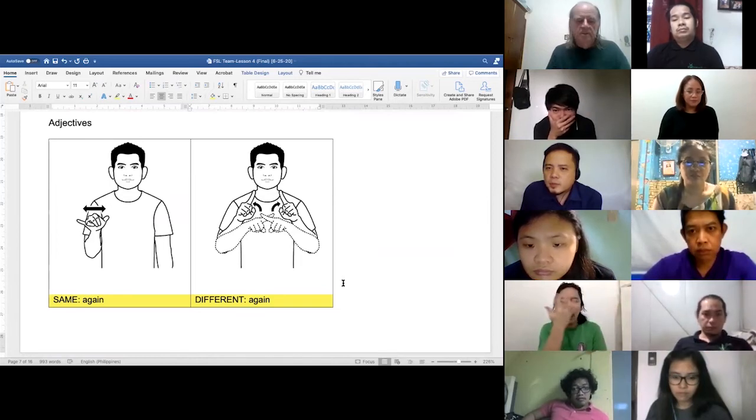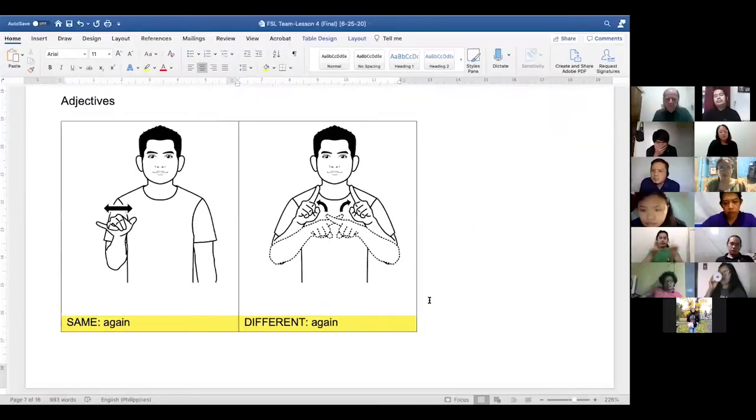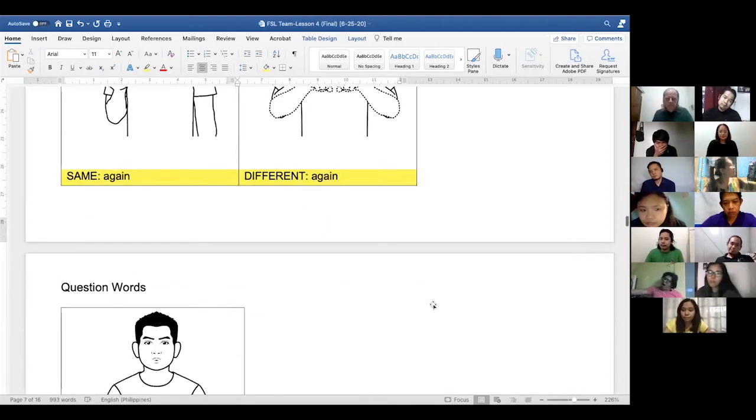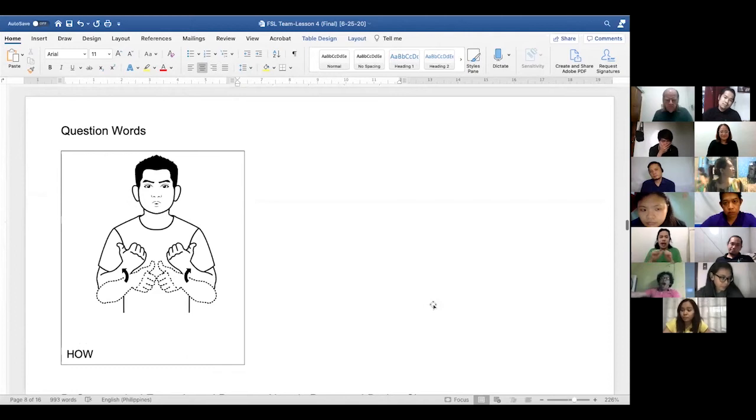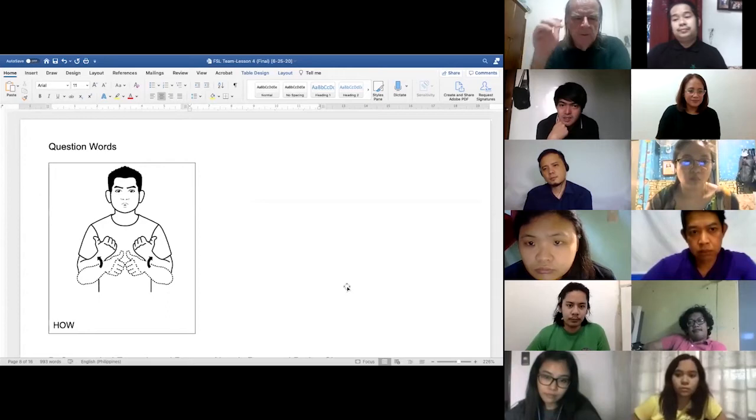So we're going to put two movements, because with just the one movement, it's "but". Yeah. Different is two movements. Okay. How? Okay. How? Good.